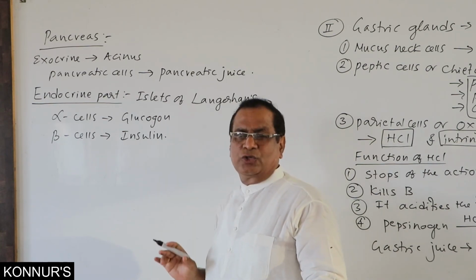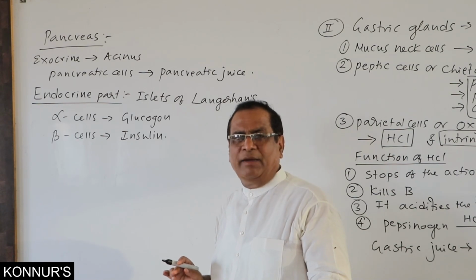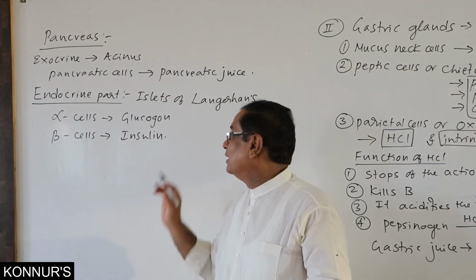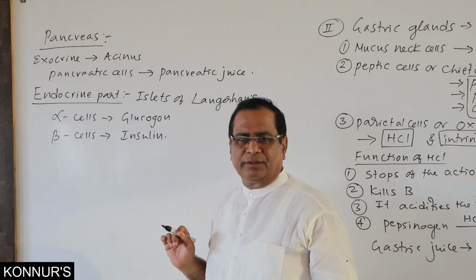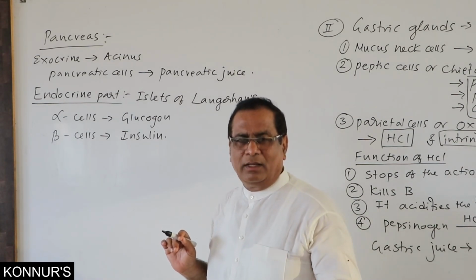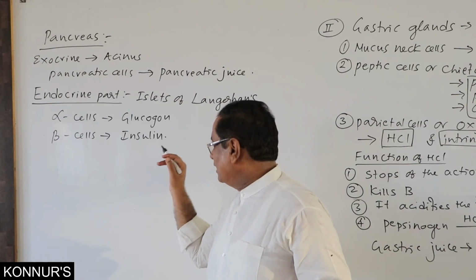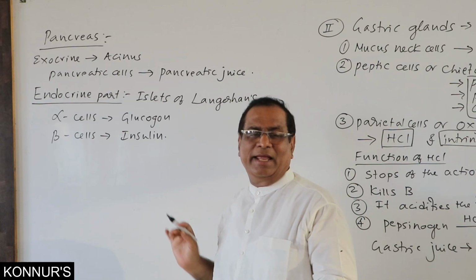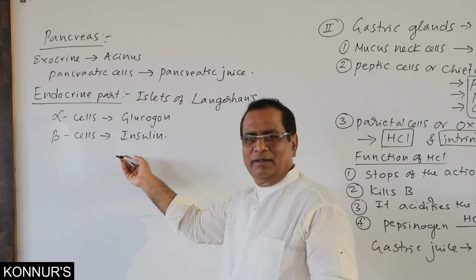They may ask NEET question, which of the following is a exocrine part of pancreas? Acinus. Another question, which of the following is an endocrine part of pancreas? Islets of Langerhans. And even they can make the question here.